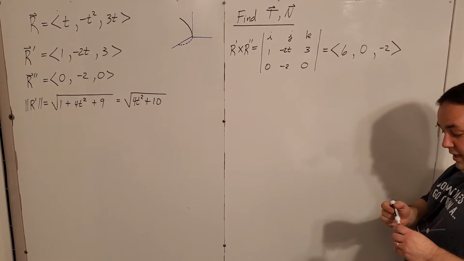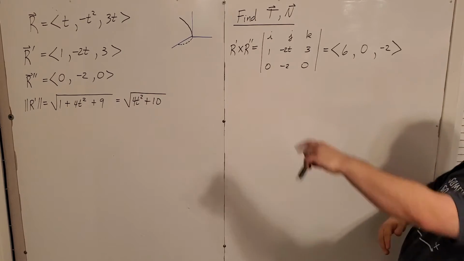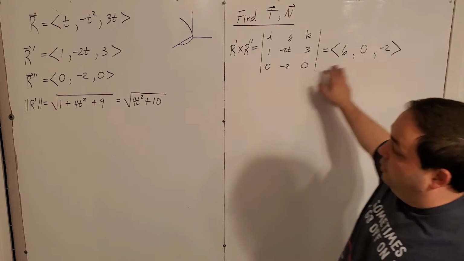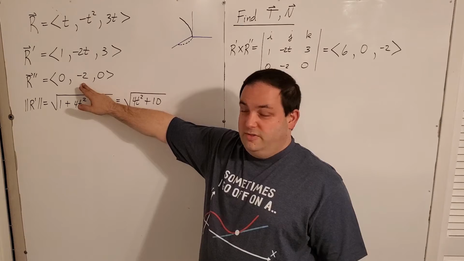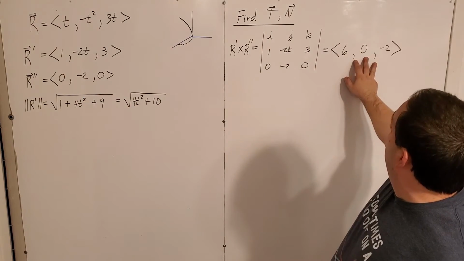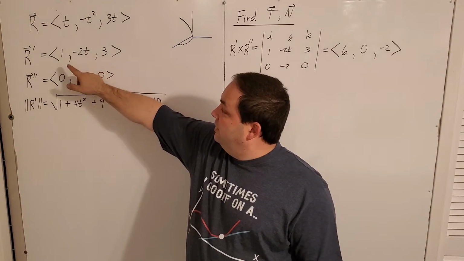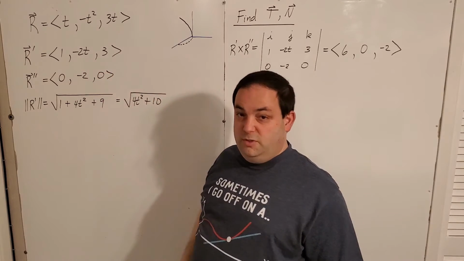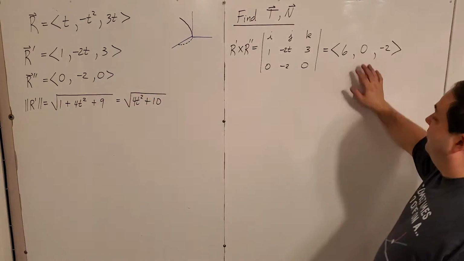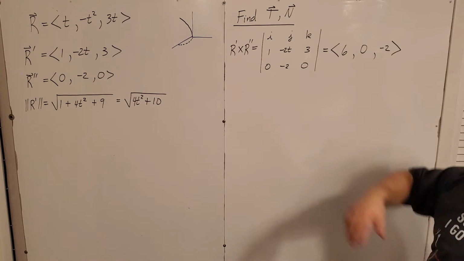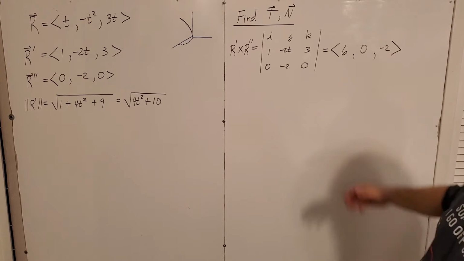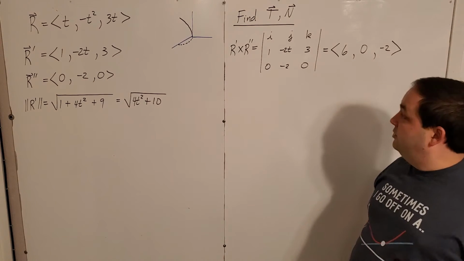If you're not sure that it's at a right angle to both of those other two, double check. Really quickly, if you dot it with this one, you'll see you get all zeros, right? And on this one, you'll get 6 minus 6 plus 0, which is 0, right? So this is definitely still at a right angle to both of those, which incidentally means it should be in the bivector direction, okay?